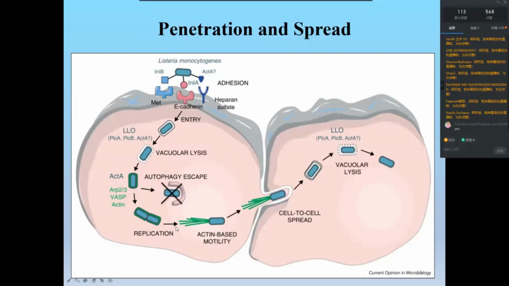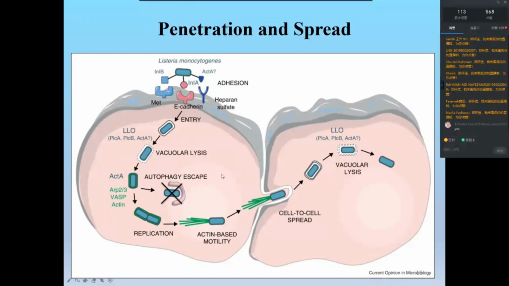It grows from one end and degrades at the other end, which is kind of like a chain which can drive the bacteria to move, so that it can push the bacteria to move inside the cell and also push the bacteria to move through the membrane and spread into another cell.